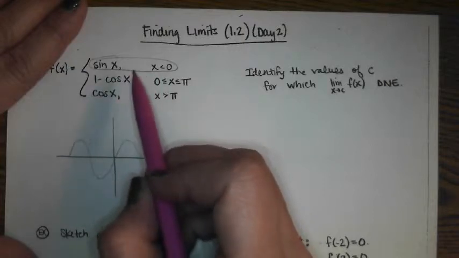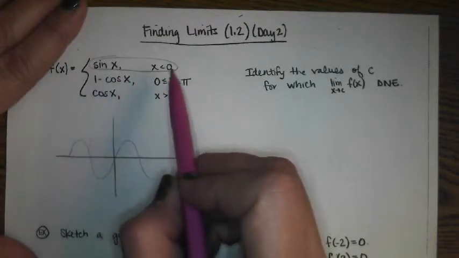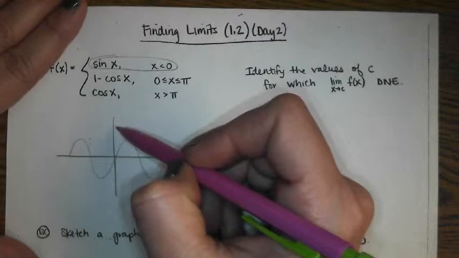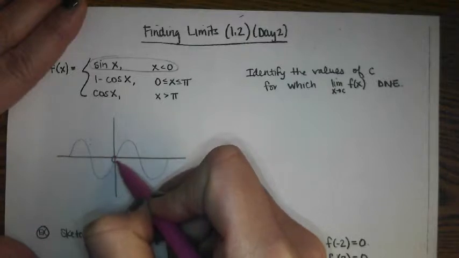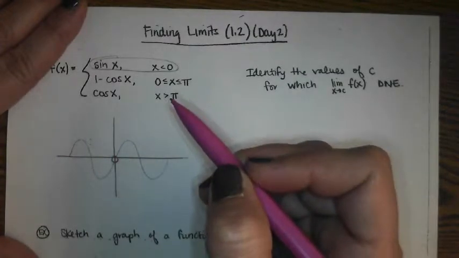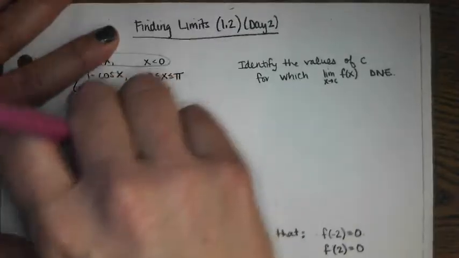We only want to see this sine curve when x is less than 0. So here's where x is 0. Open or closed circle? Open. Now I'm nervous. Nate, why did I make that open?